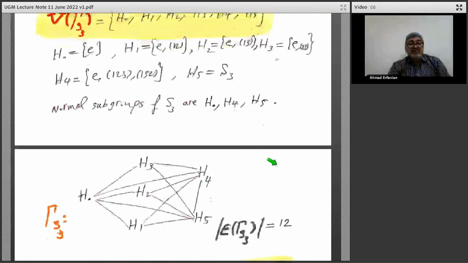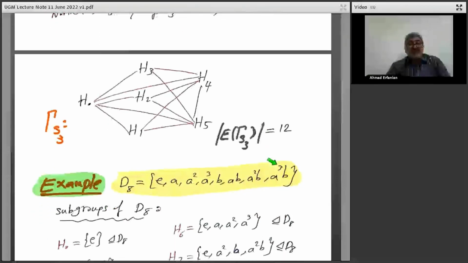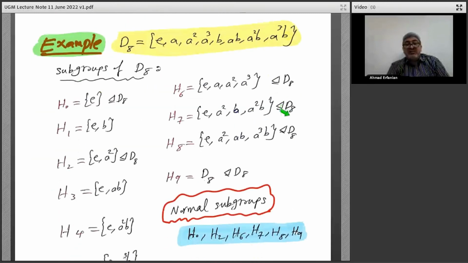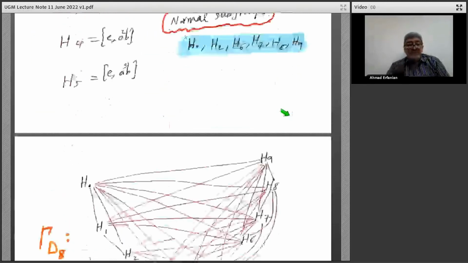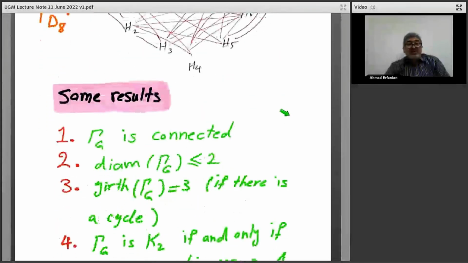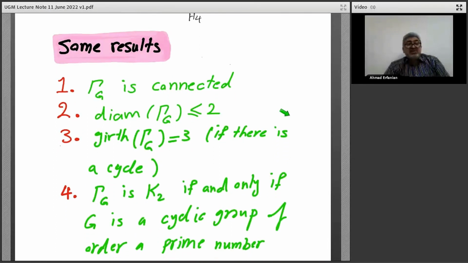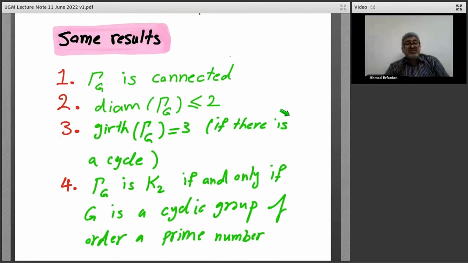For S3, you can see we have 6 subgroups, so we have 6 vertices, and here you can see the permutable graph of S3, and we have 12 edges. For the dihedral group of order 8, here is the graph, and here are some results about this graph.